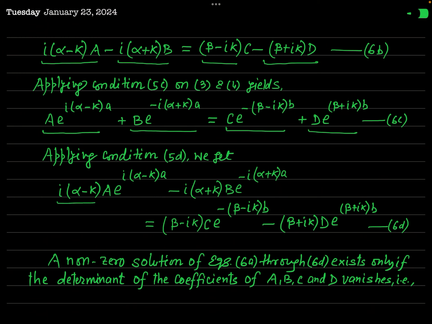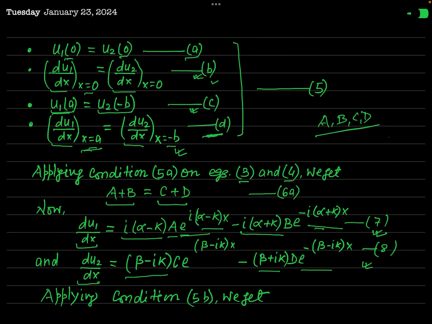After that, we will get i(α − k) a e^(i(α − k)a) − i(α + k) b e^(−i(α + k)a), and that will be equal to (β − ik) c e^(−(β − ik)b) − (β + ik) d e^((β + ik)b). Okay.